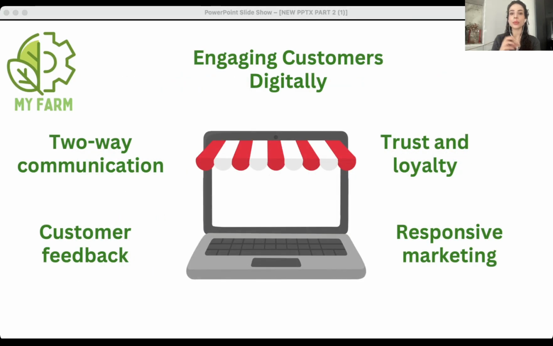Through comments, messages, reviews, and polls, farmers can gather valuable feedback, answer questions, and build loyal customer communities indeed. This two-way communication enhances trust, supports product development, and helps tailor marketing strategies to real-time consumer preferences.